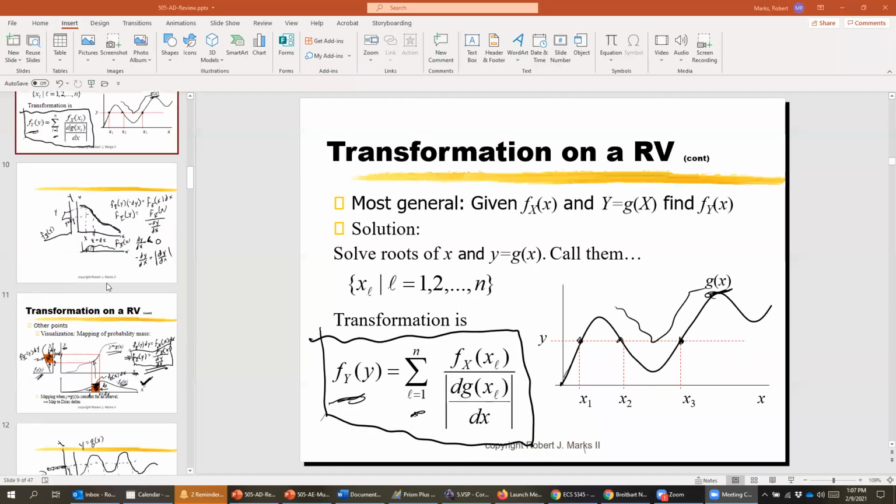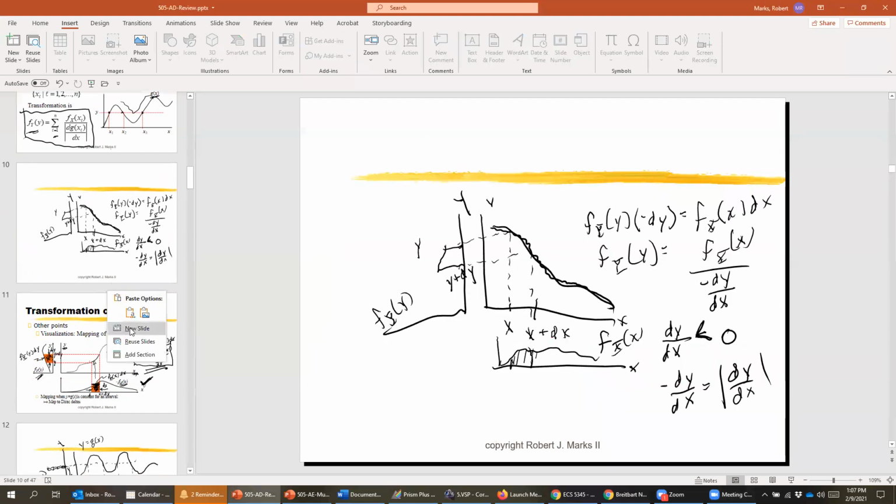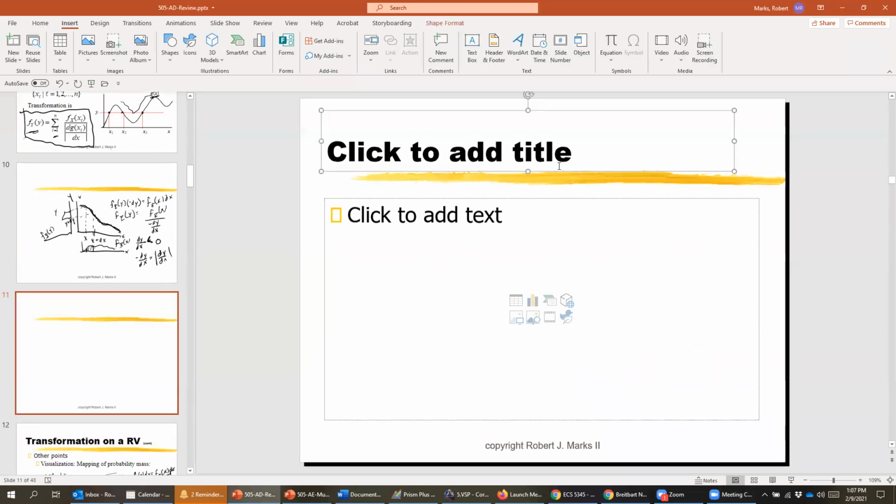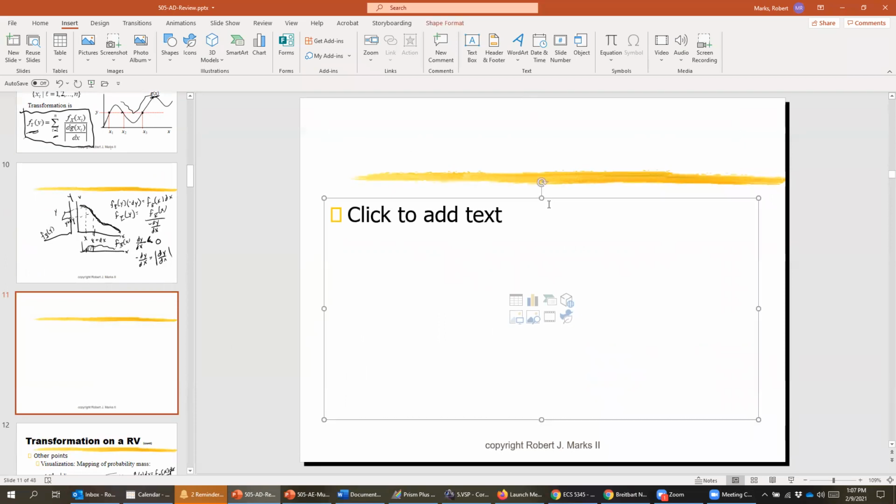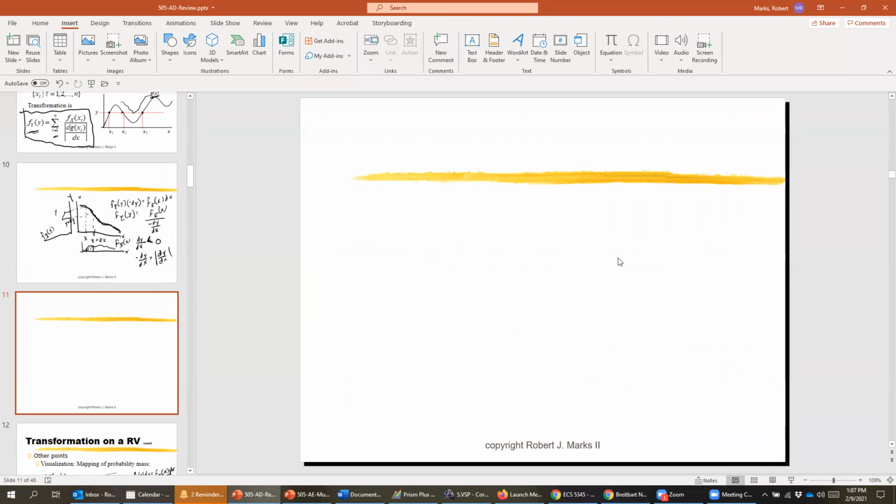Okay. Let's look at some special cases now. Here's one of the cases. What if you have some sort of function, y is equal to g of x? And this is y, and this is x, and this is g of x.